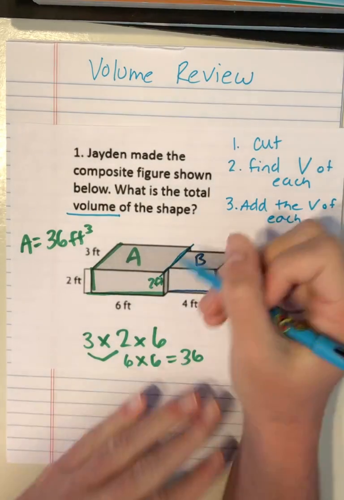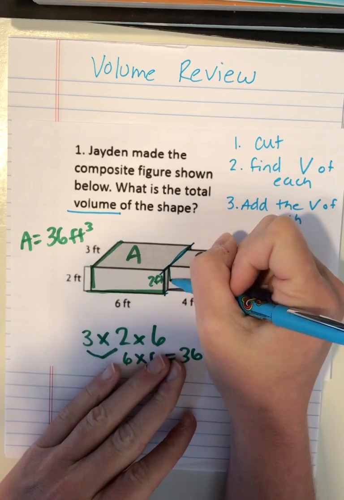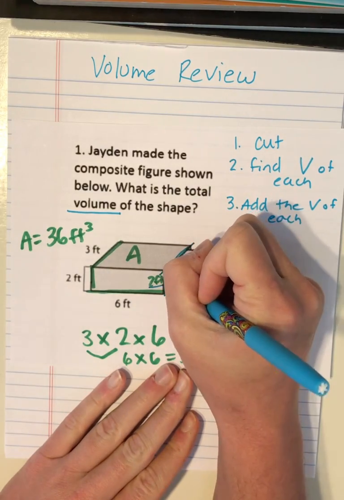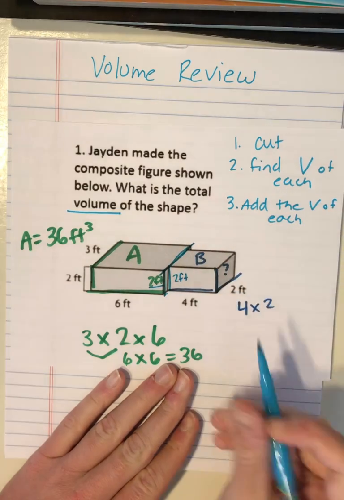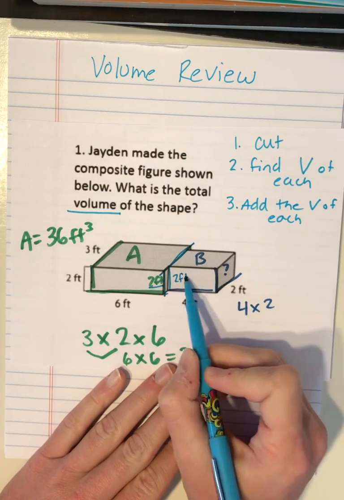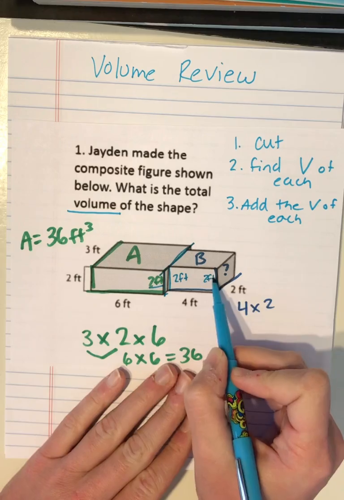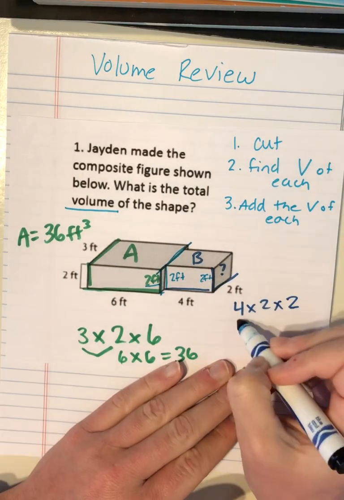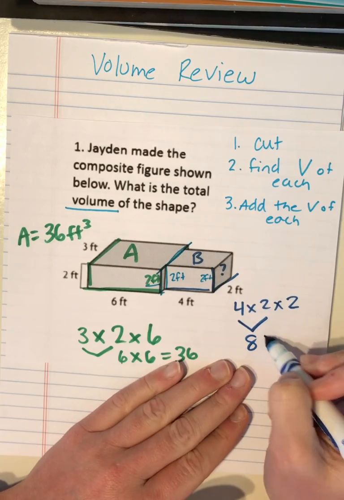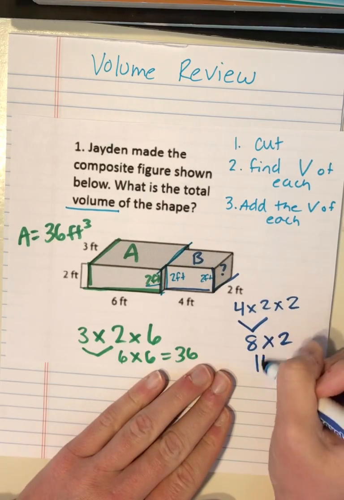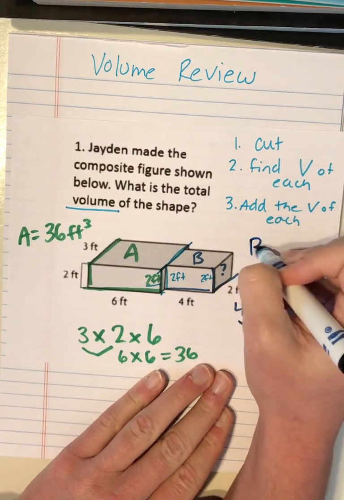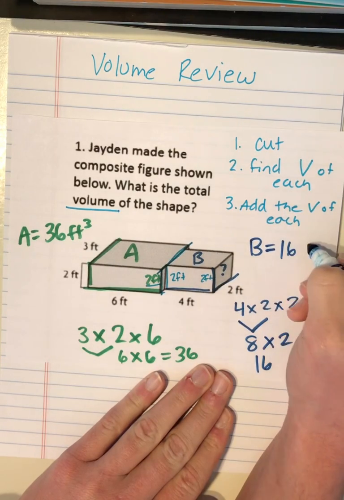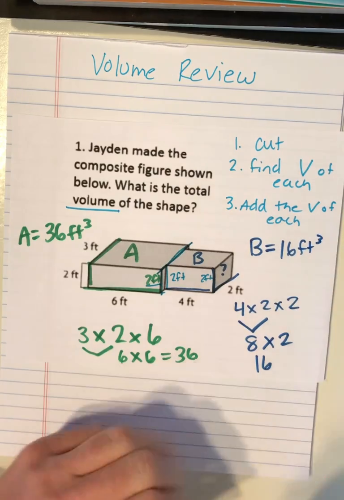Then I see this teeny rectangle here with an opposite side, so if this is 2 feet, I know that this is 2 feet as well. And that can help me figure out this height because opposite sides are equal. So I know my height is 2 feet. 4 times 2 is 8. 8 times 2 is 16. So the volume of prism B is 16 cubic feet.